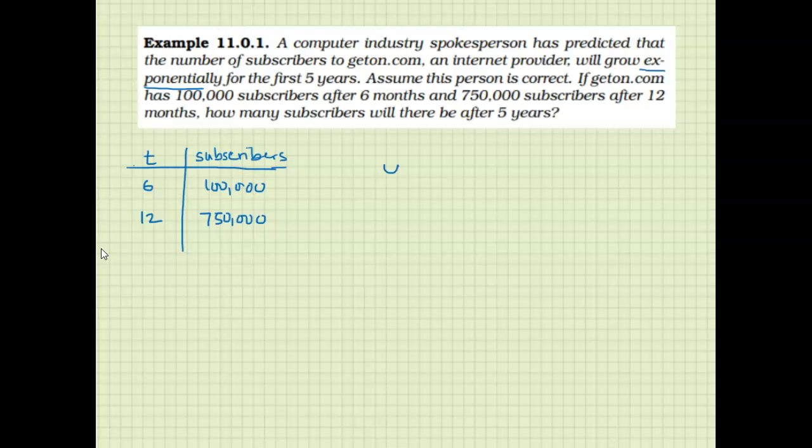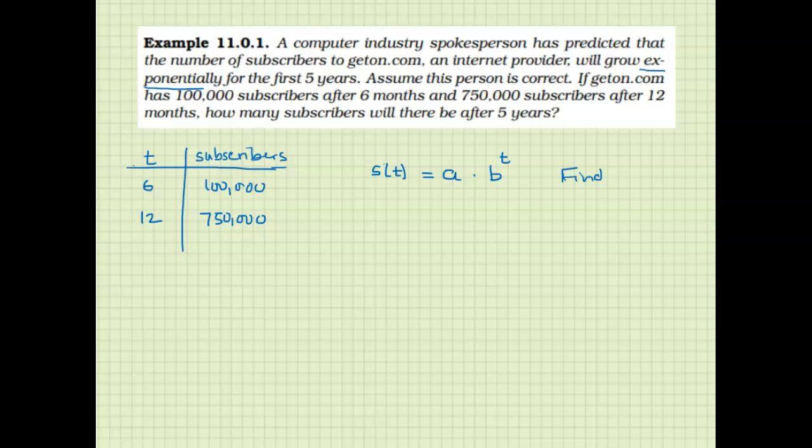The standard exponential model is y equals a times a base to the x. Let's make that x into a t because we're talking about time, and we can make y into S of t, S for subscribers, which changes as time goes by. We're going to plug in these values one by one because we need to find the constants a and b.